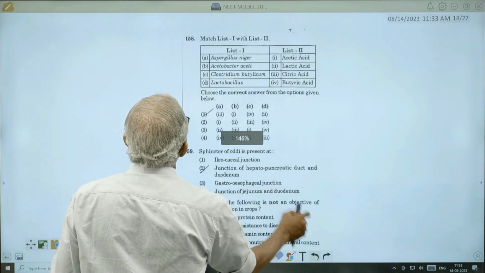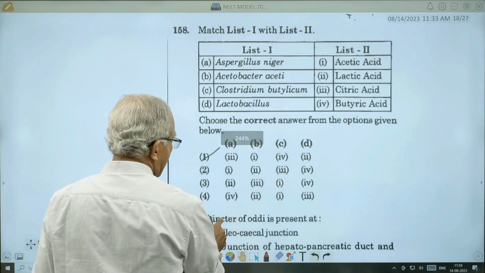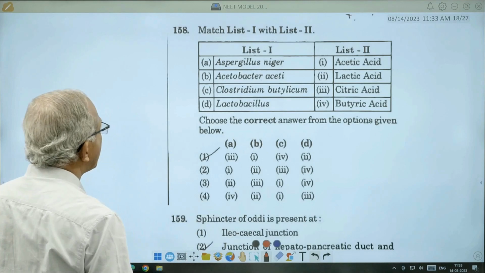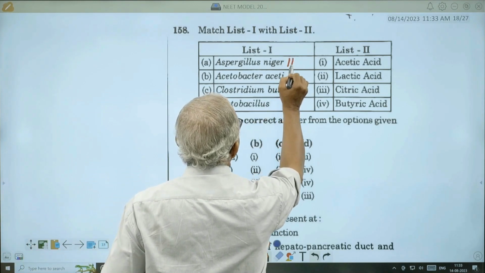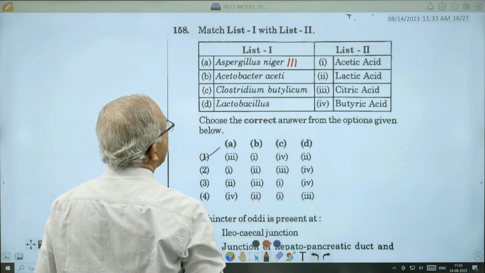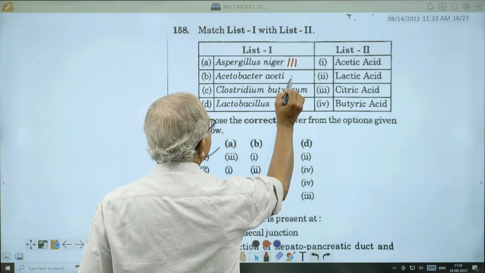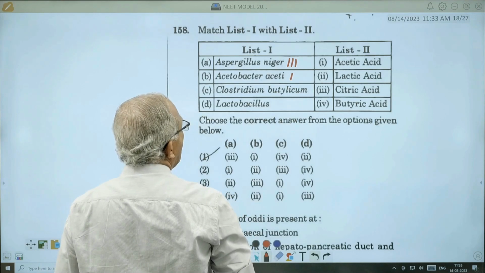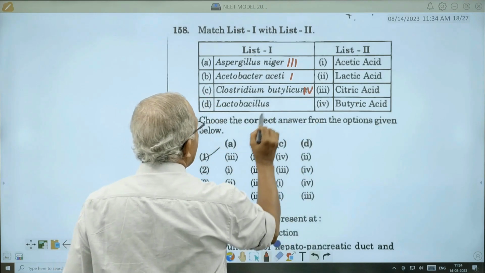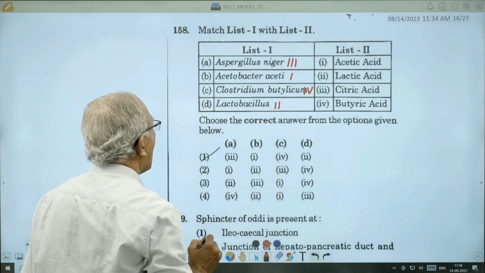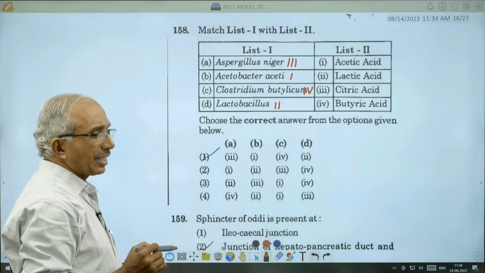Next question comes on the next page: match the following. Aspergillus niger can be matched with citric acid, Acetobacter with acetic acid, Clostridium butylicum with butyric acid, Lactobacillus with lactic acid.